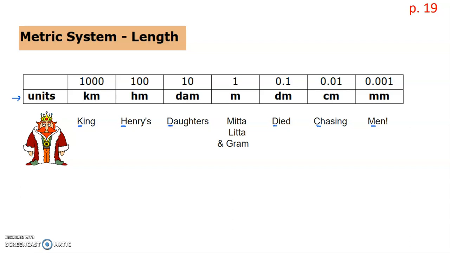And so the K stands for kilo, H is for hecto, D is for deca, M here is for meter, DM is for deci, C is for centi, and M is for milli.